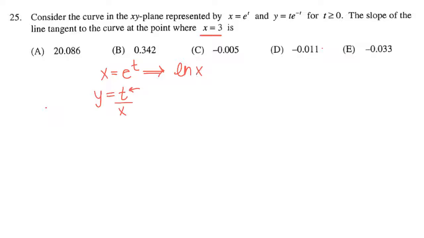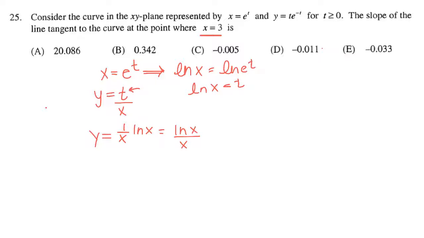So I have the natural log of x equals the natural log of e raised to the t power, which means that the natural log of x is equal to t. So now I can go back over to our equation and rewrite it, and we should have it in rectangular form. So y equals 1 over x times the natural log of x, which would be the natural log of x all over x.